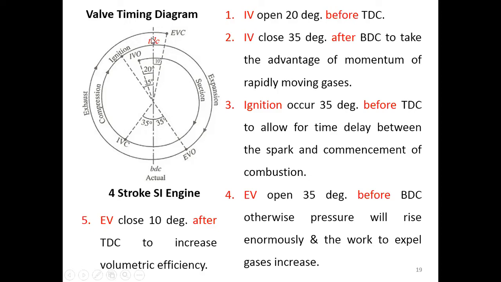If we have the combustion happen at the top dead center, the maximum pressure will happen after. So we ignite first, and we expect that the combustion happens along the way here, so that the pressure that comes up due to combustion has time before it reaches the maximum. And we hope that it reaches the maximum at the top dead center.